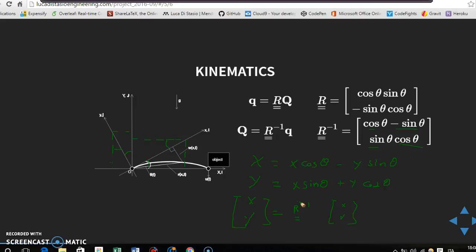So in this way we can derive R⁻¹, and just by inversion we can get R. The matrix here is orthogonal, which means that the determinant of R is equal to either plus or minus 1, plus in this case, and so the inversion is just a transposition. So R⁻¹ is equal to Rᵀ.